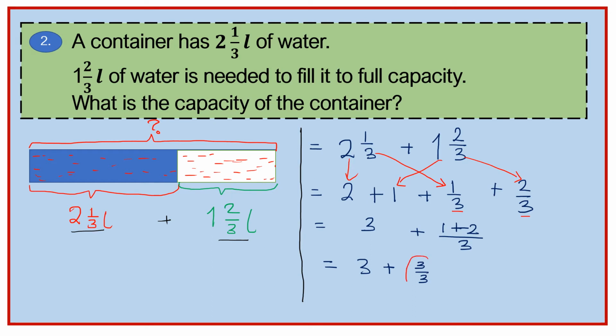But 3 out of 3 is the same as 1. So we get 3 plus 1. Altogether, we get 4. So the whole capacity of the container is 4 liters.